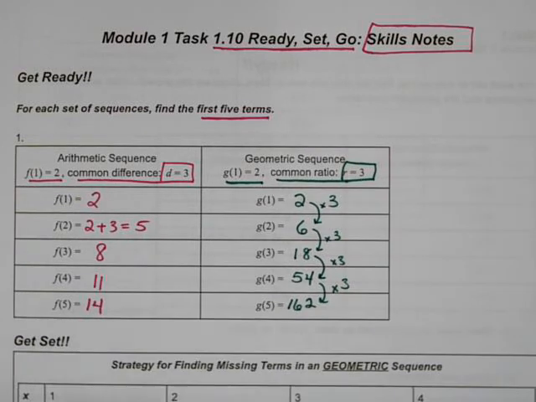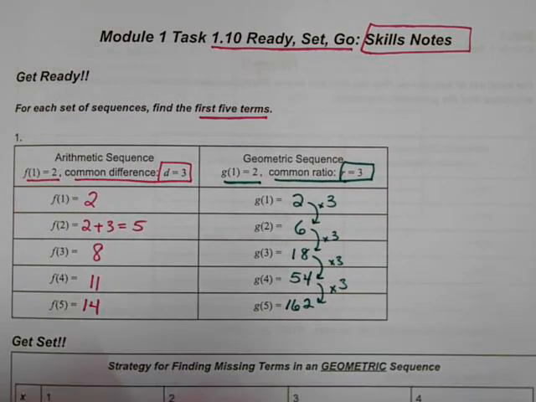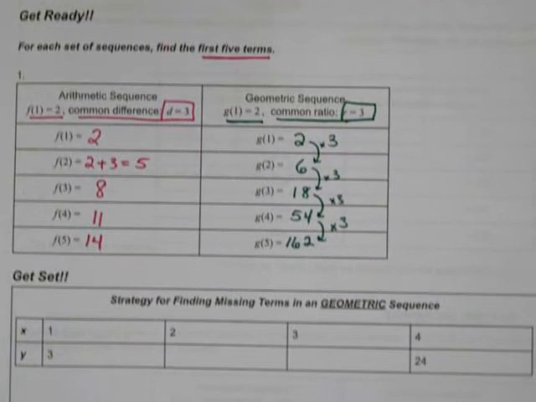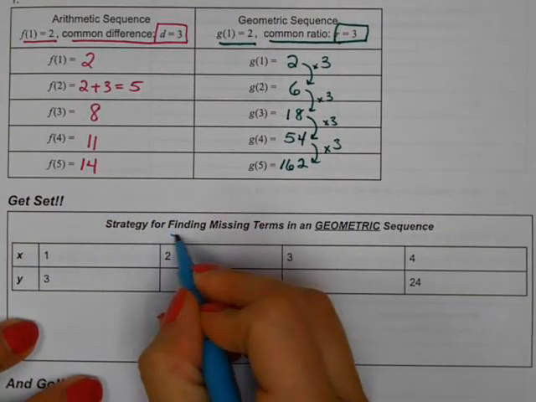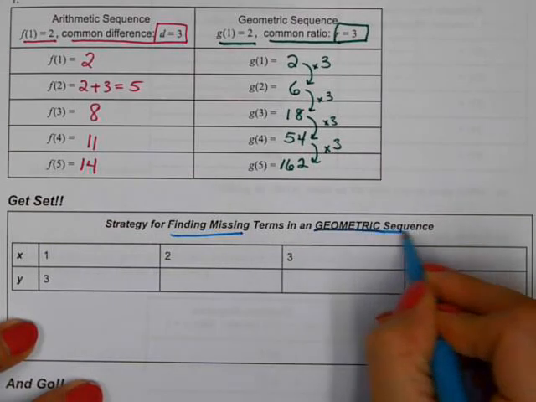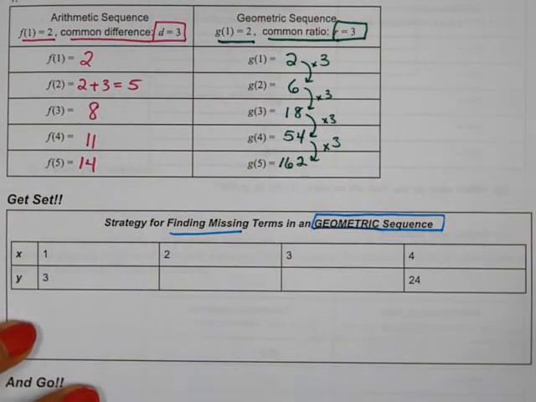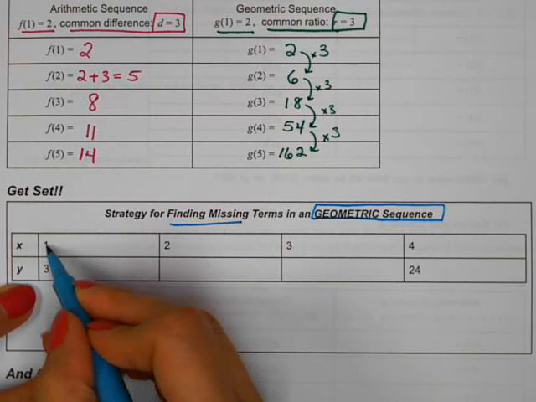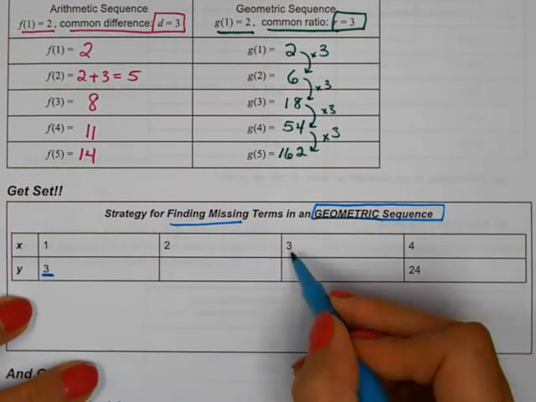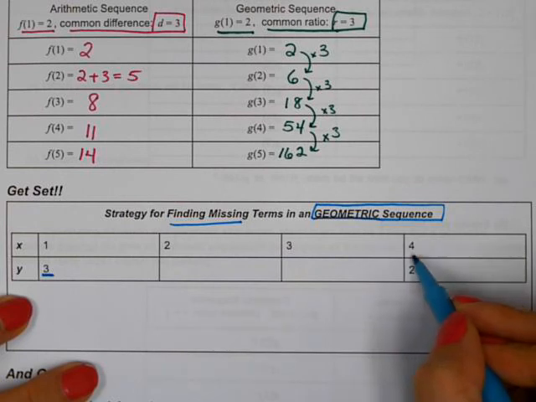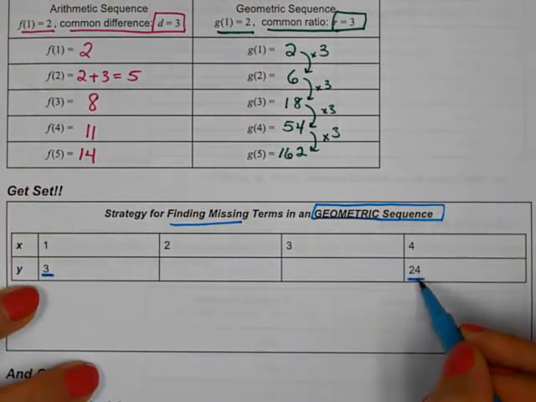Let's take a look at a table where there's some terms in the middle that are missing. So here's a strategy for finding missing terms. They're telling me this is geometric. And the first term is 3. I don't know the second term or the third term, but the fourth term, wow, is 24.